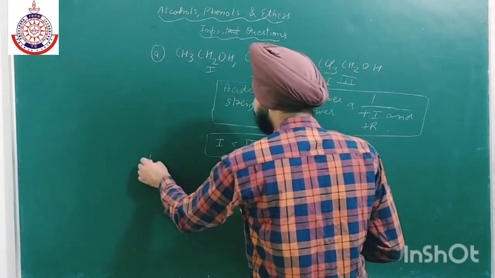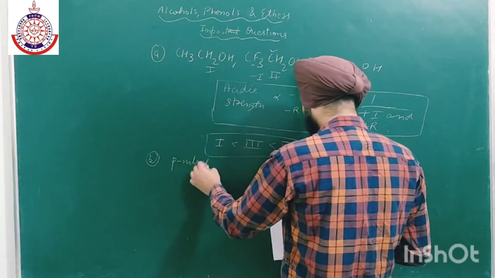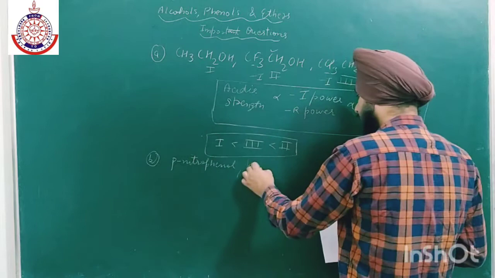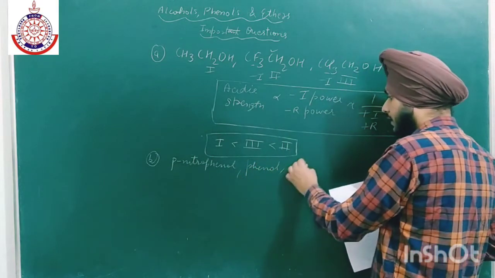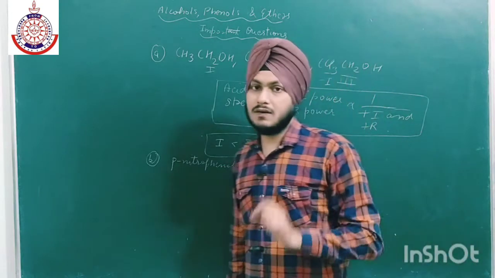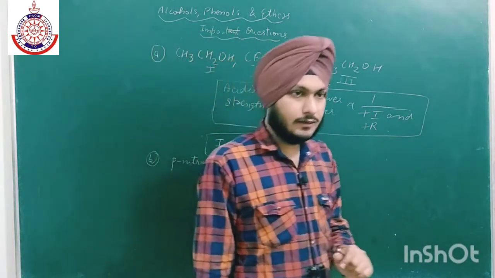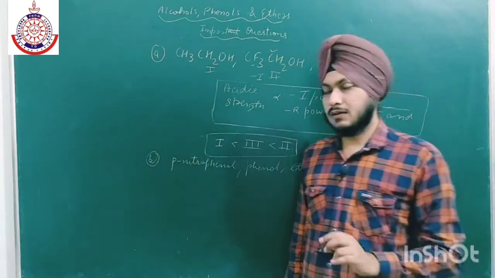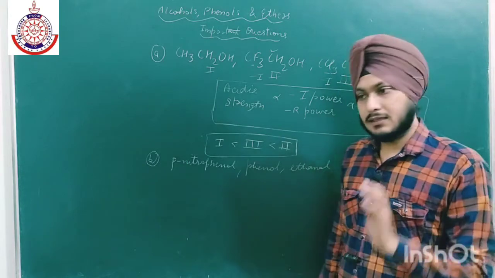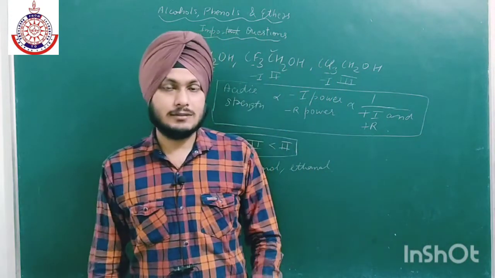In the second part I have taken phenol derivatives. The first is para-nitrophenol, second is simple phenol, and the third one is ethanol. We have to arrange them in increasing order of acidic strength. One thing you have to keep in mind is that the acidic strength of phenols, whether a plus I group or a minus I group is attached, is always greater than that of simple alcohol.